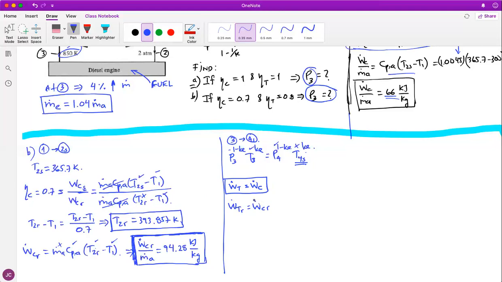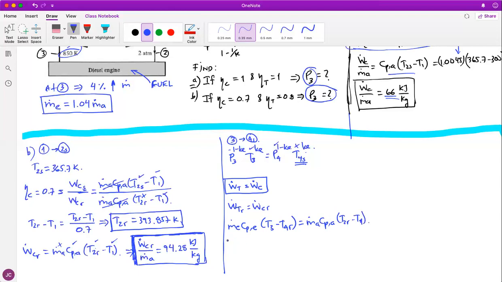Well, I'm not doing anything brilliant, okay? But let me just put the stuff. So m_e c_pe (T3 minus T4R) equals m_a c_pa (T2R minus T1), okay?